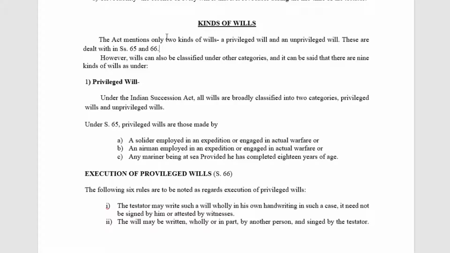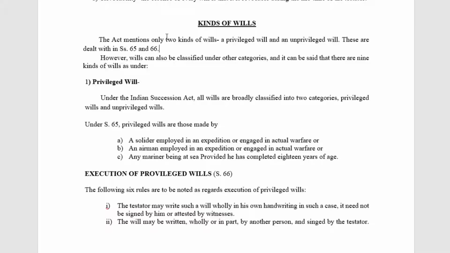With regard to the privileged will, the name itself suggests it is like a privilege. That means certain categories of persons have the privilege to make the will because of their special criteria.